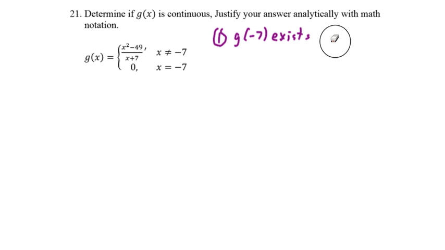Yeah, g of negative 7 exists and equals 0, because when x is negative 7, the value of our function is 0.